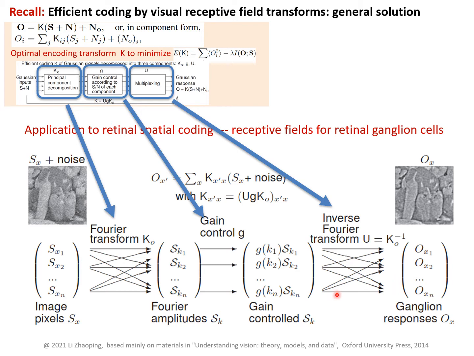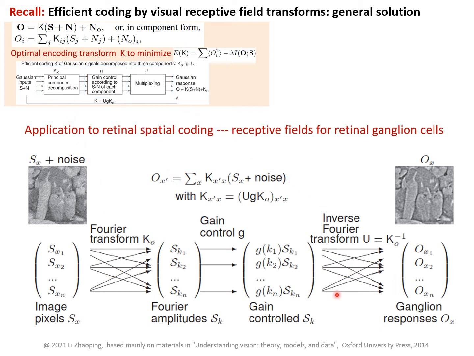The net transform is then taking such an input image and transforming it to an encoded image. The pixels here represent the photoreceptor activities, pixel 1, 2, 3, 4, and so on.